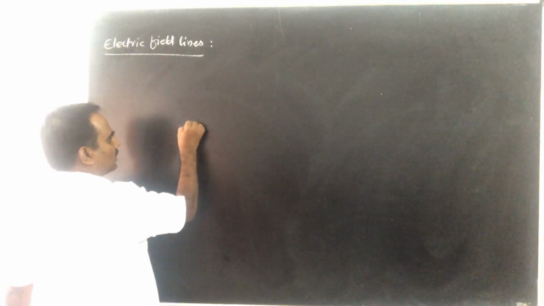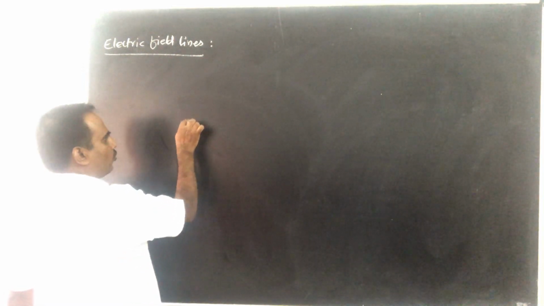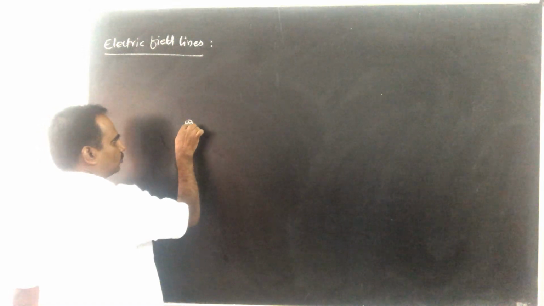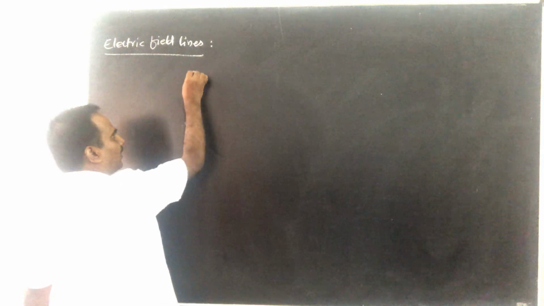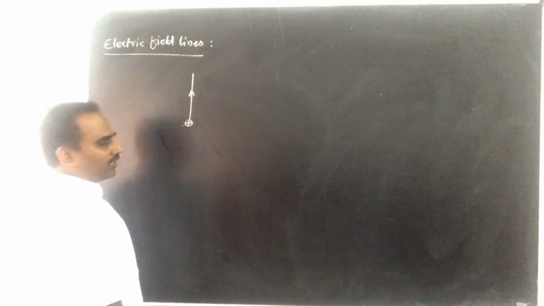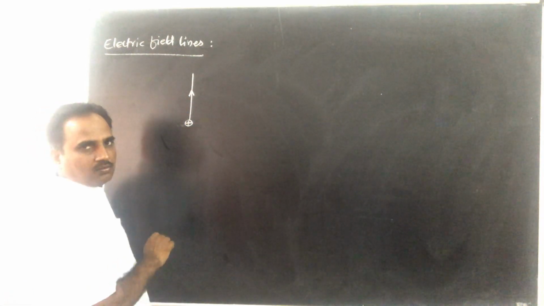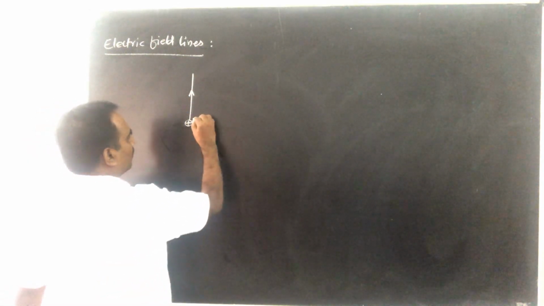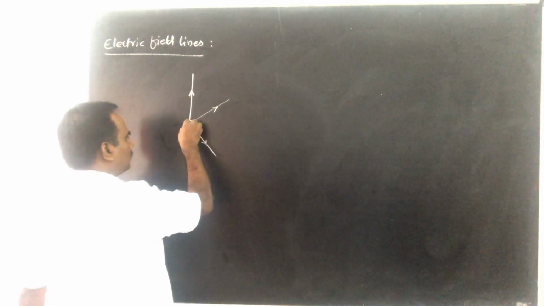Due to this point positive charge, there is an electric field. If I keep a unit positive charge here, due to repulsion between this positive charge and this unit positive charge, it tends to move away like this, along a straight line. So this is called an electric field line. Similarly, these are the electric field lines due to this isolated positive charge.